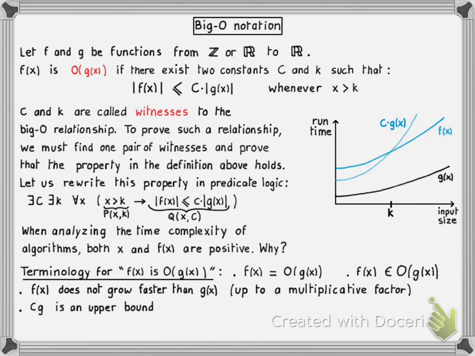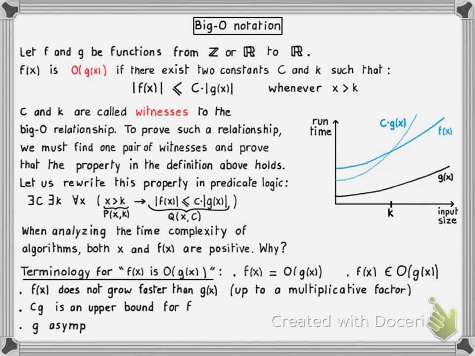Another way of saying that is to state that c times g, which is a function, is an upper bound for the function f. An upper bound means it's a value that's larger than what you're comparing it to. So here it's saying that c times g is an upper bound for f. And here, again, the assumption is for large enough values of x. But that's not usually stated. That's understood or implied.